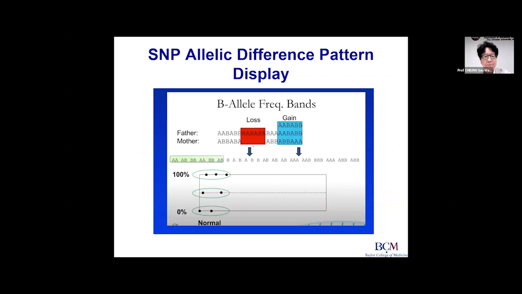So here is the display of the SNP allelic difference pattern. For example, you had the father's AA, and so you read it here, AA. So here's the AA, AB, and BB. Or you could do this BB, AB, and AA.